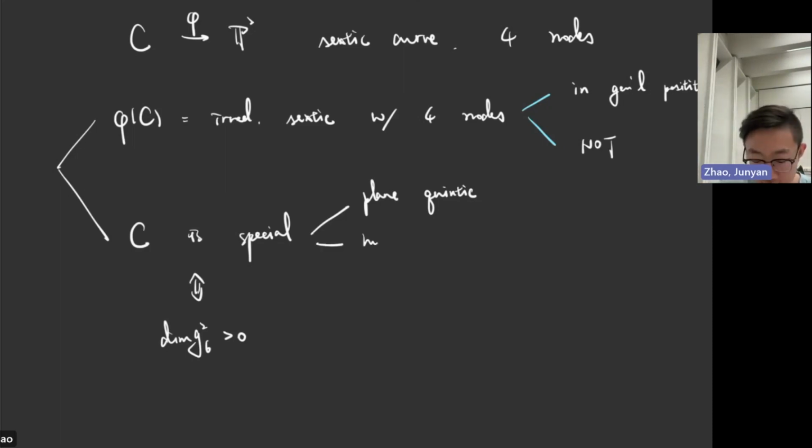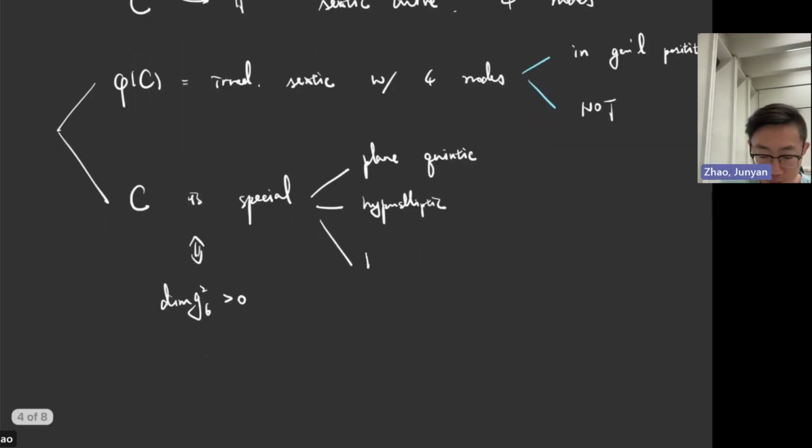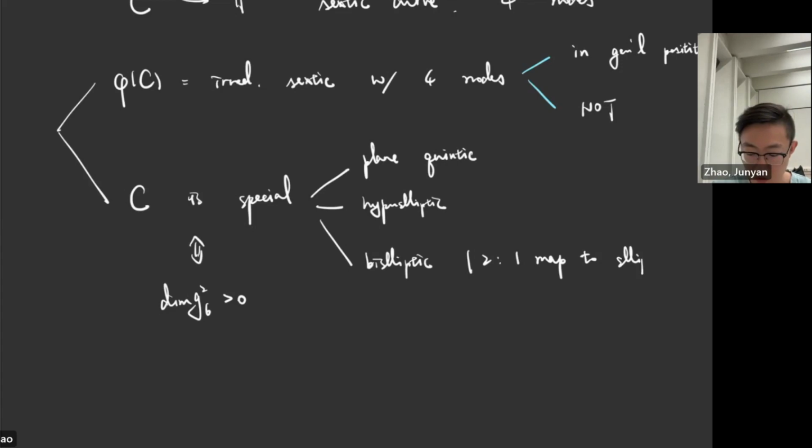Or it's hyperelliptic, or it's bi-elliptic, meaning that you have a 2-to-1 map to an elliptic curve. And the last case is it is trigonal, meaning that you have a 3-to-1 map to P1.